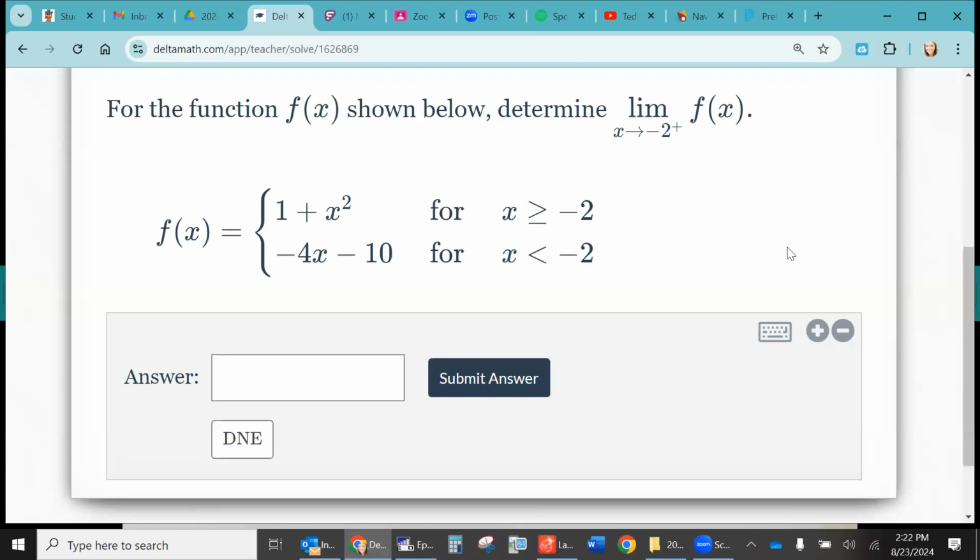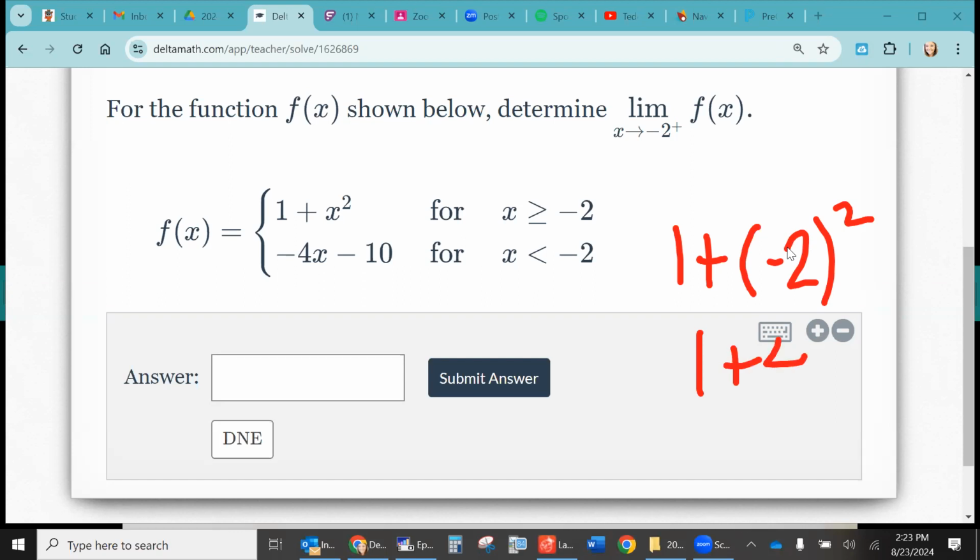So if I want -2 from the right, then I'm only plugging in to the x greater than -2 side, which is 1 plus x squared. So I would have 1 plus x squared, which is -2. -2 squared gives me what? 4, and 1 plus 4 gives me 5.